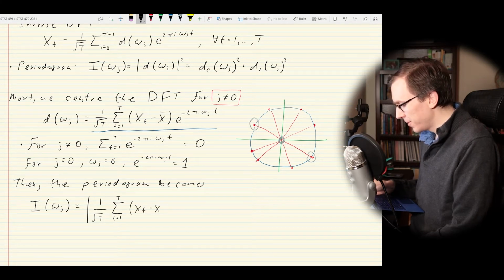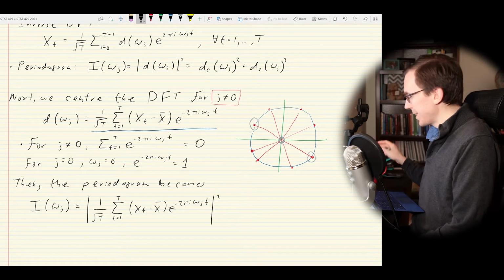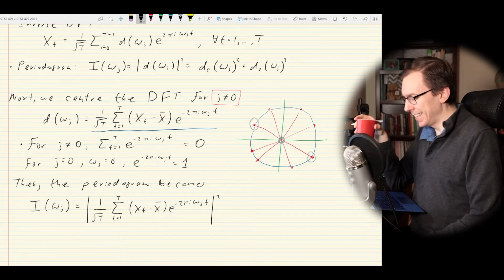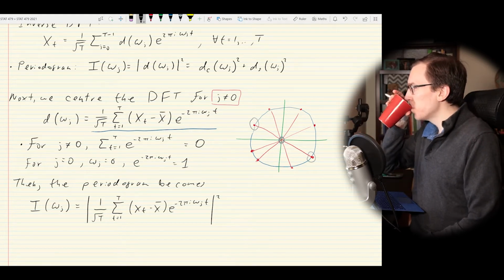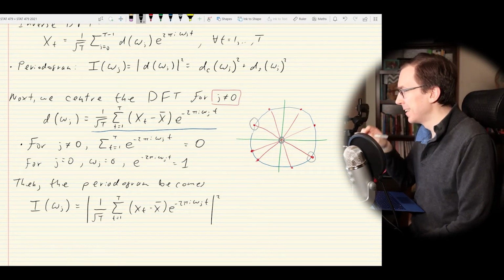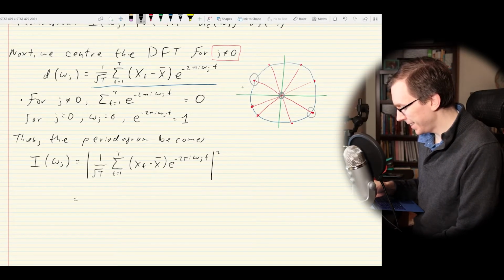And okay, so we get something that looks like this: minus 2 pi i omega j t. Yeah, as I've said before, apart from other stats classes, time series has lots of equations that you have to kind of fight through. Well, anyway, I can square this whole thing. All right, so what we're going to do is square the inside of this whole thing, I mean, the 1 over T is just 1 over T. And when I square a sum, what I end up with is a double sum.